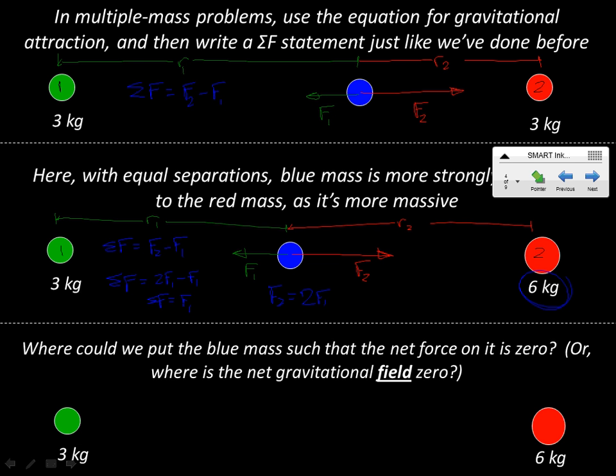Well, the answer is we'd have to put that mass somewhere over here. The reason is, here's my thought process. This mass, mass 1, is a smaller mass. Typically, it would exert less force, but we're closer to it, so maybe it exerts more force.